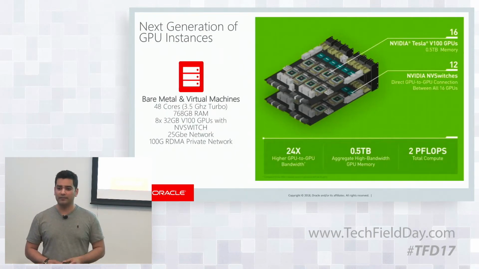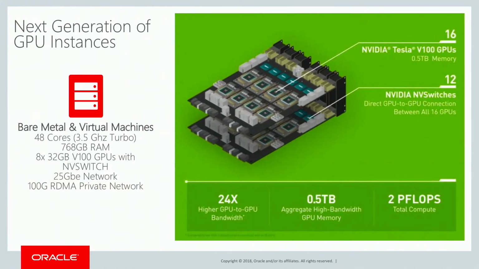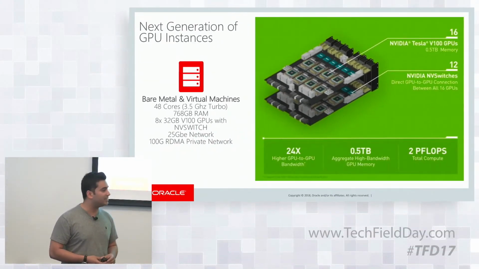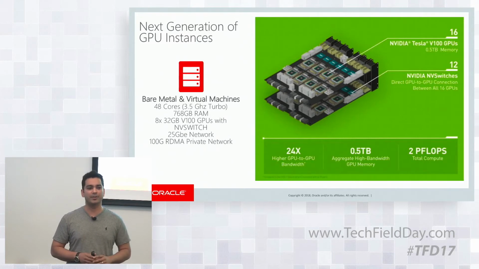And then, in fact, a couple of weeks ago, we announced in Munich, Germany, at the keynote, Jensen on stage announced that Oracle Cloud is going to be the first to market with an HGX2 in the cloud, on demand, per hour. So this is going to be 8 to 16. We're still at 8 right now, but 8 to 16 GPUs of 32 gig Volta V100s.